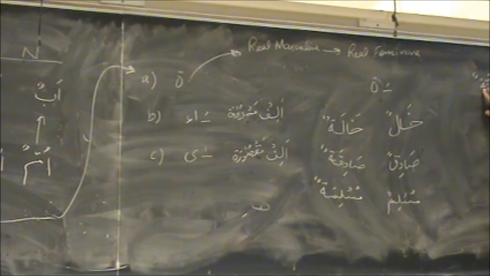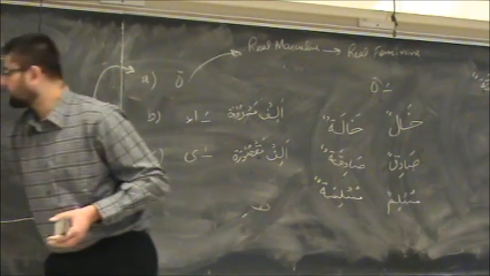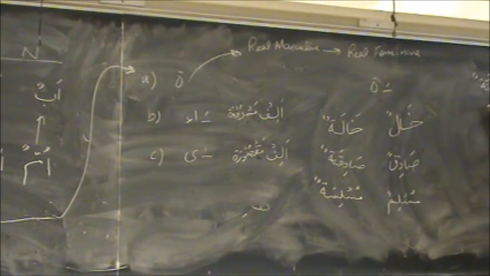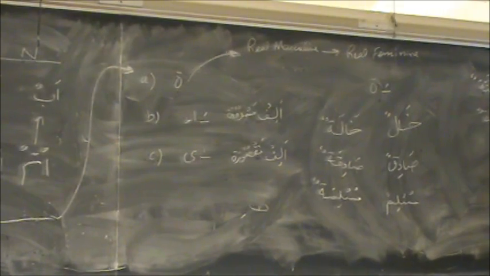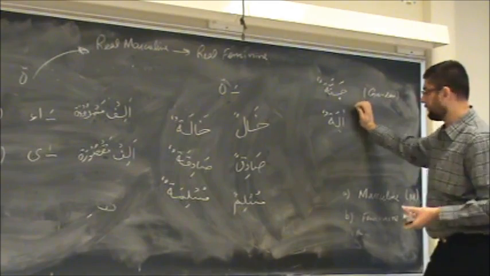But since it has ta marbuta, we can guess that it is feminine. So that's why it is a guessed feminine. Okay? So we'll call garden as she, not he in Arabic. Similarly, if it is ayah, ayatun, this is also feminine. Now we are talking about unreal nouns, okay? Nouns with unreal gender.